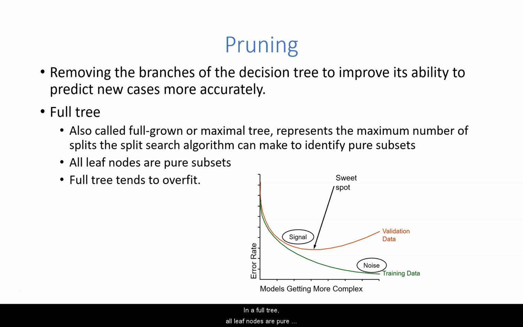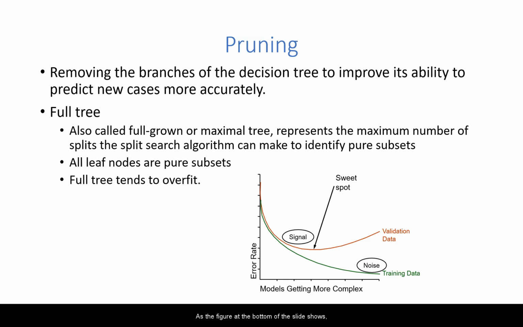In a full tree, all leaf nodes are pure subsets, and it is the most complex tree you can create for the dataset. A full tree, however, tends to overfit the training data that is used to grow the tree. Therefore, it may not generalize to unseen datasets very well.